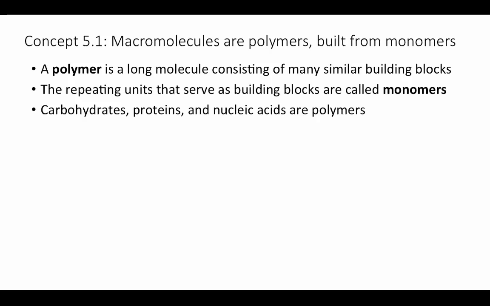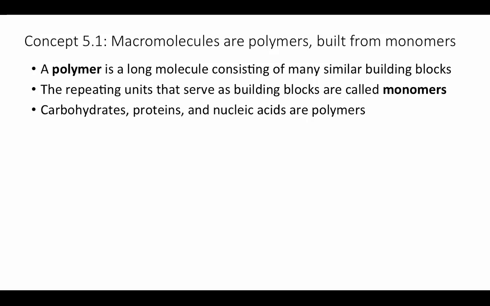So the majority of these large complex macromolecules are found in the form of polymers, which are constructed from individual units called monomers. So a polymer is a long molecule consisting of many similar building blocks, and those building blocks, those repeating units, are called monomers.